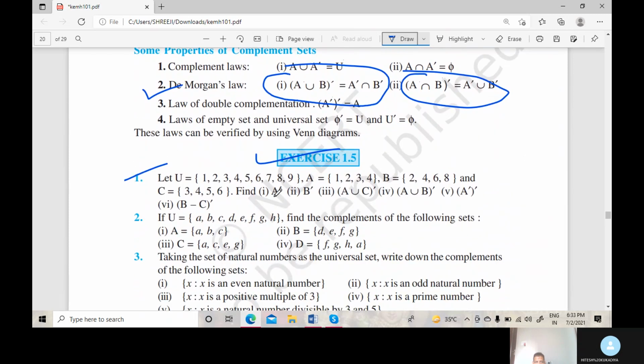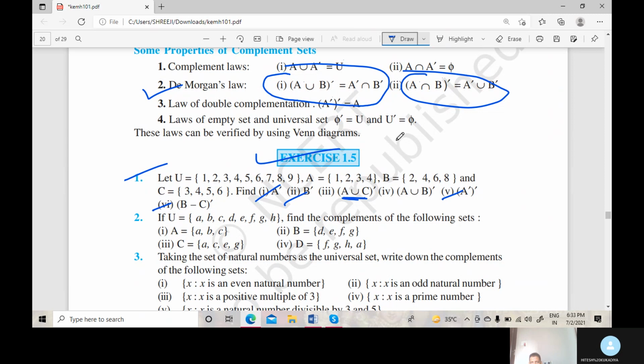Okay, question 1: first, second completed, fifth completed, sixth also completed, but third and fourth are remaining. First, we discuss the third. Look at this question. U, the universal set, is 1 to 9, A equal to 1, 2, 3, 4, and B equal to 2, 4, 6, 8.